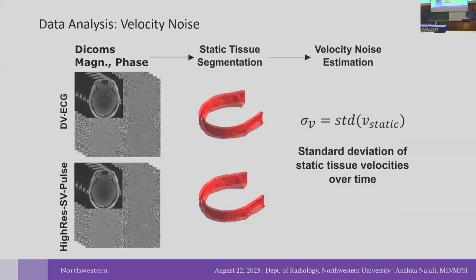Here is a pipeline of how we calculated the velocity noise. The unprocessed DICOMs were used for static tissue segmentation, and velocity noise was calculated as the standard deviation of static tissue velocity over time.